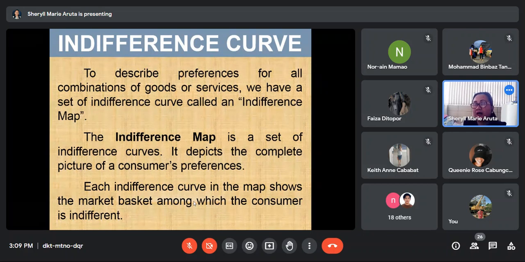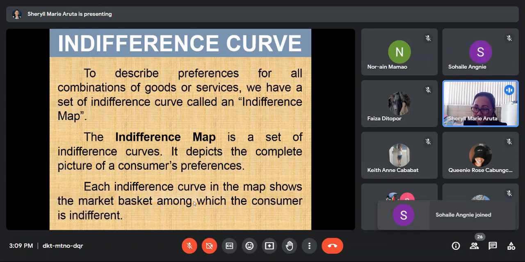We can see in a graph more than one indifference curve because it will always depict the complete picture of a consumer's preference. So it's not just a typical single curve. But once we buy goods and services, we are actually creating a different indifference curve. And that is the composition of the indifference map.